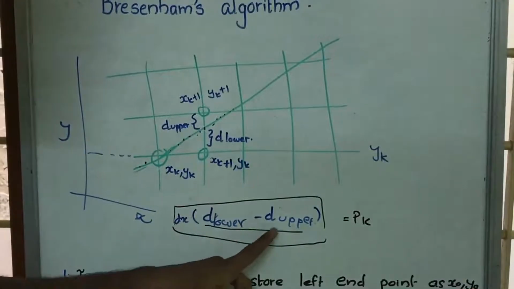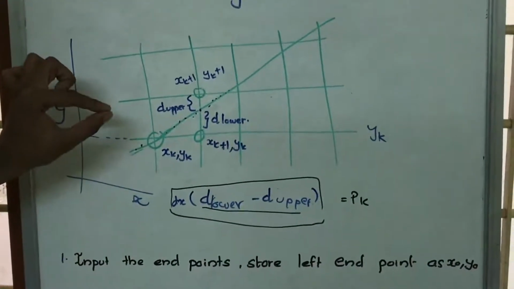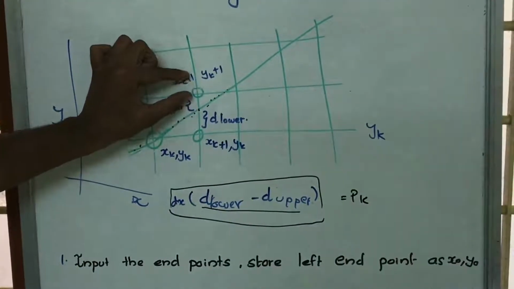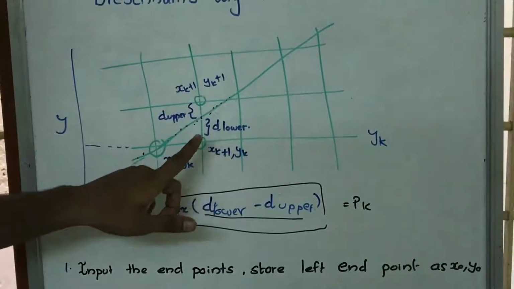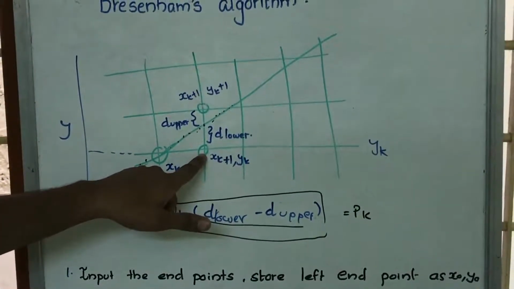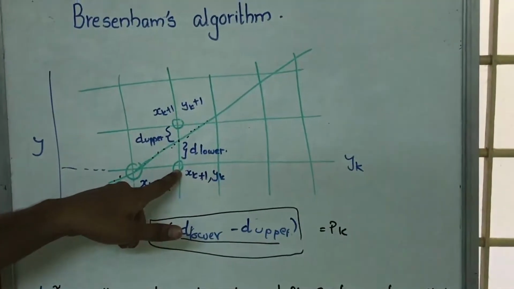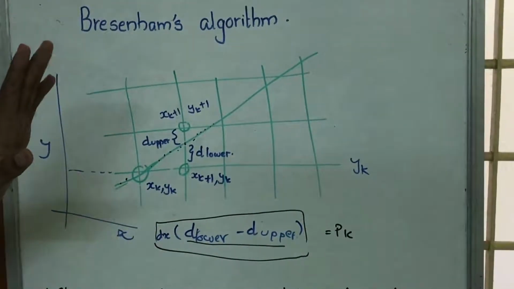For that to be negative, d upper should be larger, meaning the distance of the top part is greater than this part. That is, our line is nearer to this point, (xk+1, yk). So to represent the line, we should select this particular point.